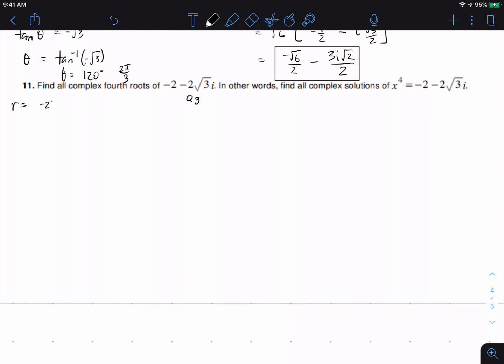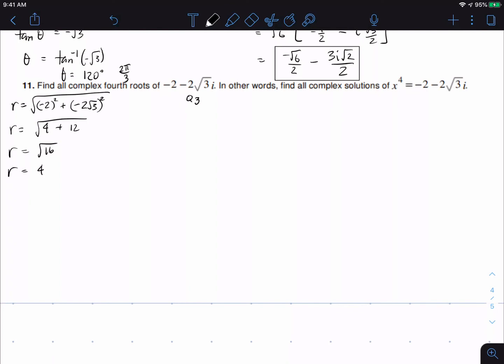So I'm going to go negative 2 squared plus negative 2 radical 3 squared, rooted. So r is going to be 4 plus 12, rooted. So r is the square root of 16. So r is 4.